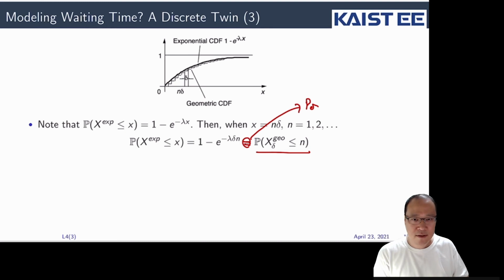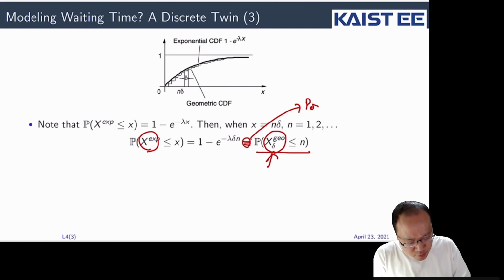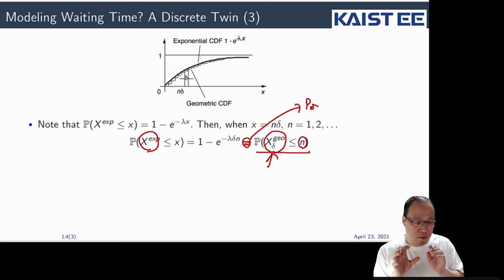All right. It means that when x is delta, 2 delta, 3 delta, and so on, this random variable and this random variable behave similarly. In this geometric random variable, I'm interested in the probability that it is less than or equal to n, because it's just a count of the number of time slots.